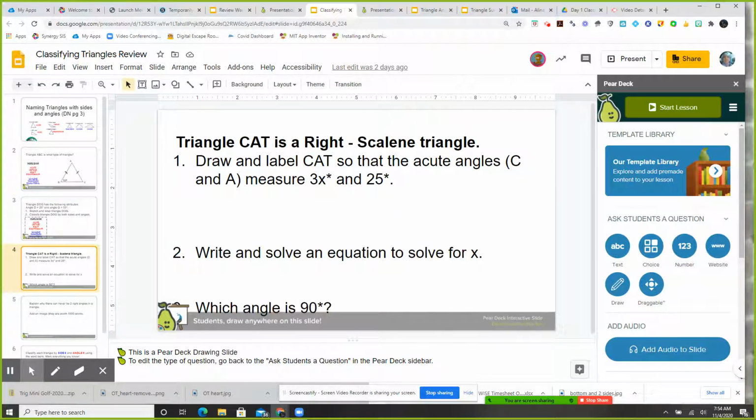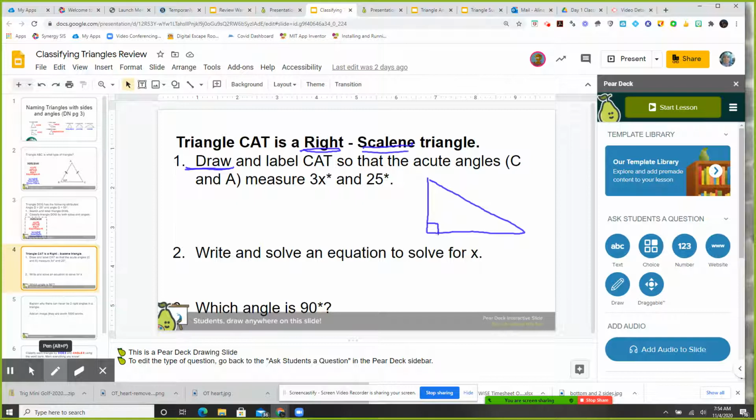Triangle CAT is right and scalene, okay? So the first direction says draw it. So I'm going to draw a right triangle. I'm not going to label it quite yet. I'm going to keep reading. So label it, but know that one of those angles is going to be right. I just don't know which one.